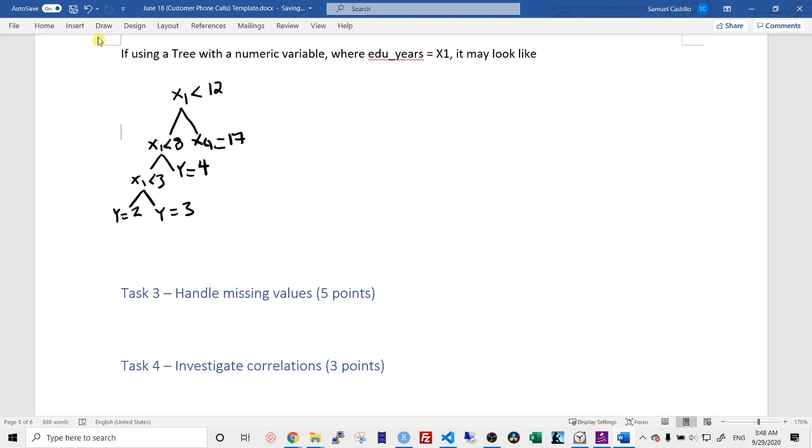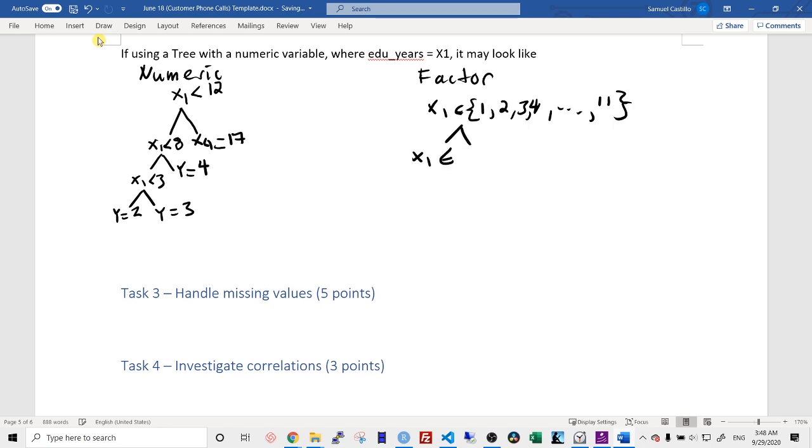If you're using a factor, the split would be, is x1 in the set 1, 2, 3, 4, up to 11? And then this next split would have to be, is x1 less than or equal to 8, is this in the list 1 to 8, right? And then if yes, here it would do the same thing for x1 less than 3 and so forth.